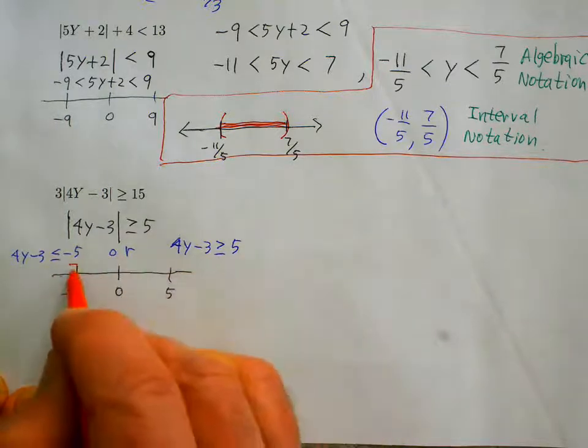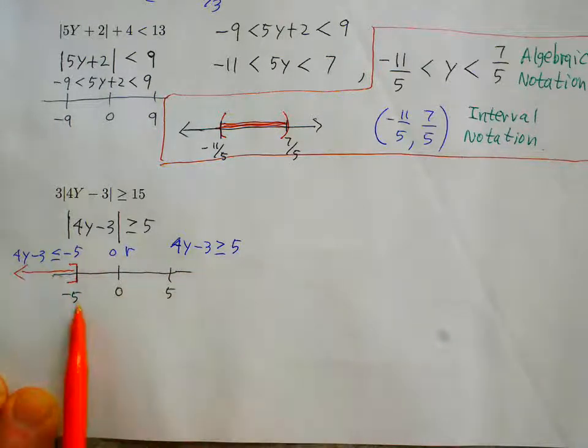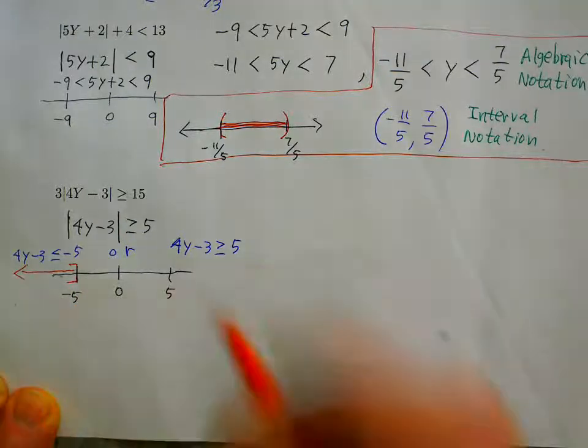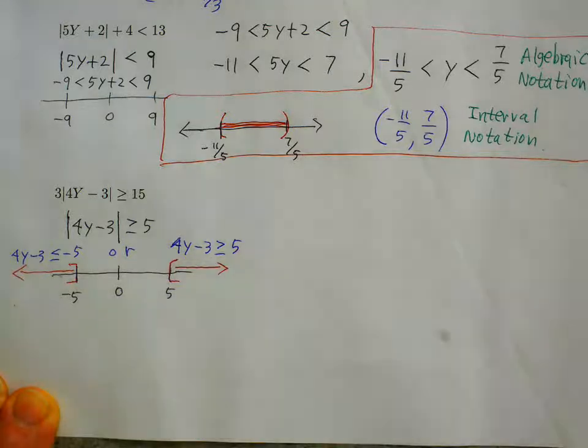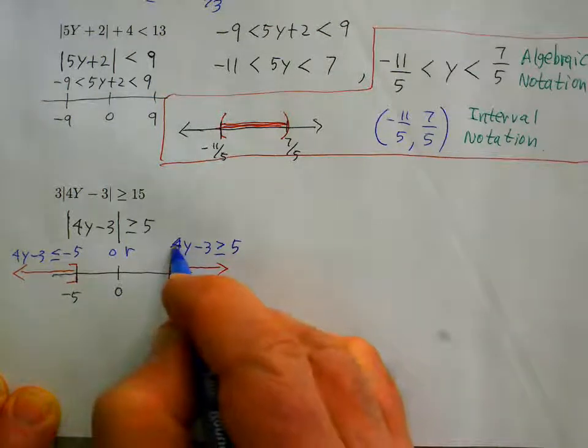So graphically, they are either from -5 and to the left, or they are from +5 and to the right.